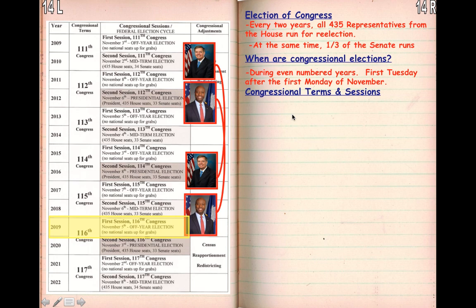Congressional elections are during even-numbered years on the same day as normal election day, the first Tuesday after the first Monday in November, just like presidential elections. The reason for that is because you know how dates like St. Patrick's Day, Valentine's Day, Christmas, Easter, they all move around the calendar.